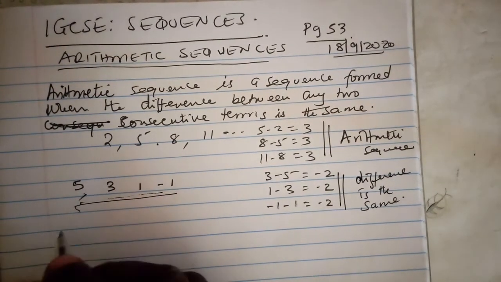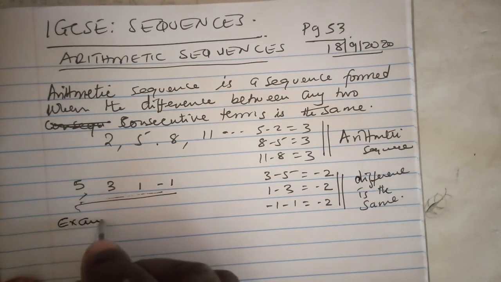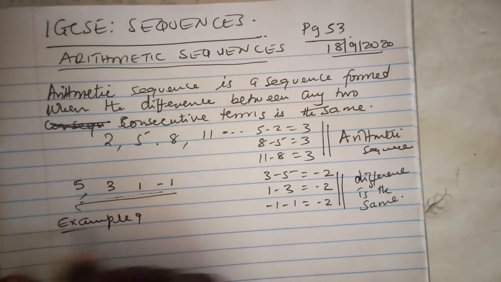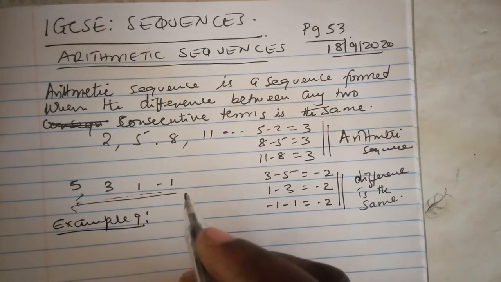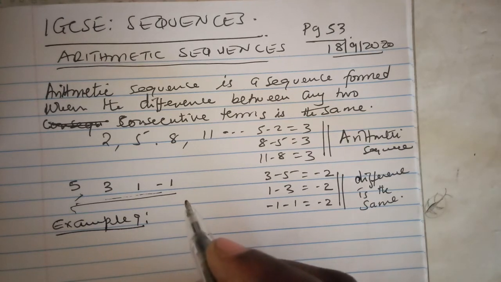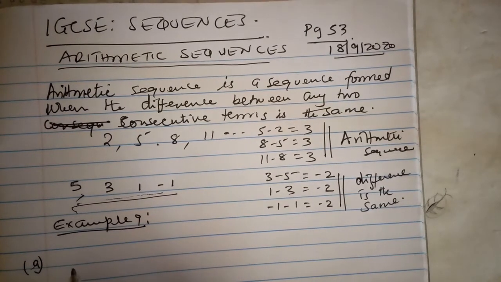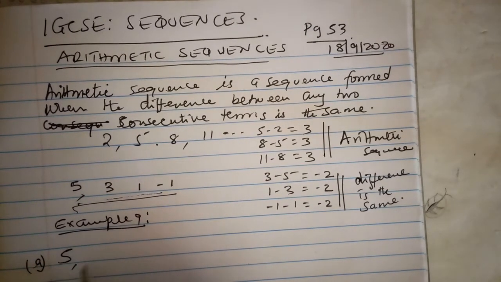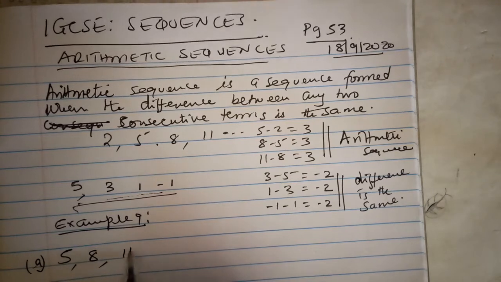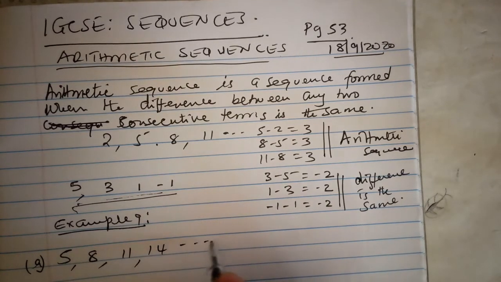And of course, in example 9, let's talk about example 9. Show that A and B are arithmetic sequences. We'll start with A: 5, 8, 11, 14, and moving forward.